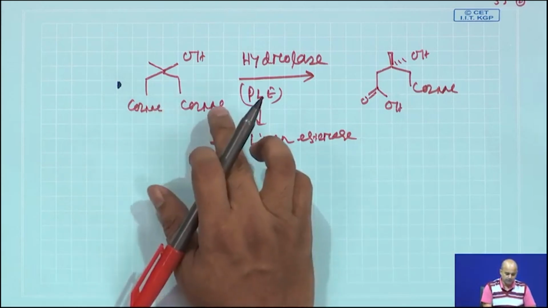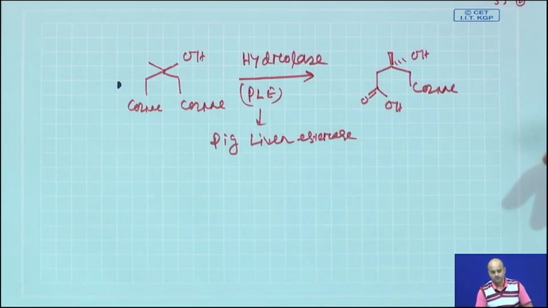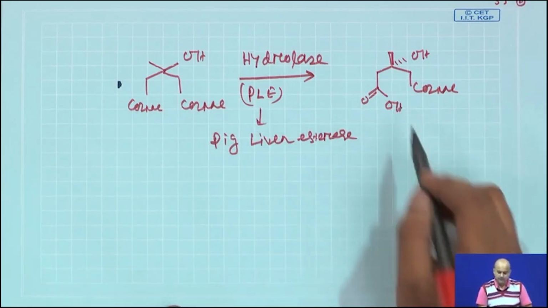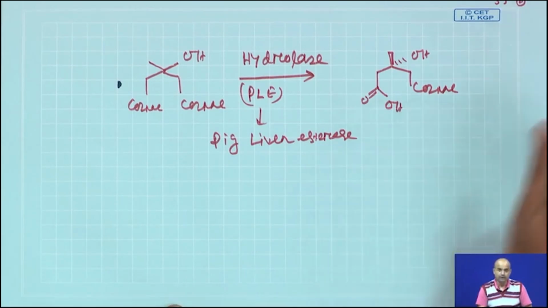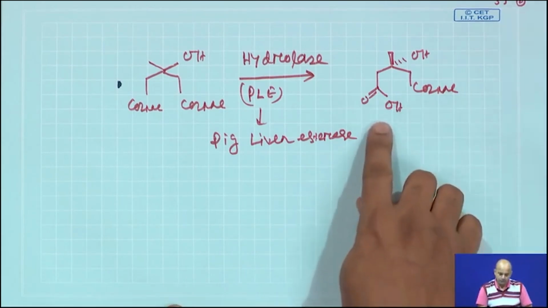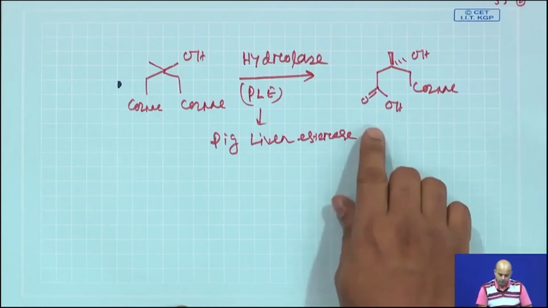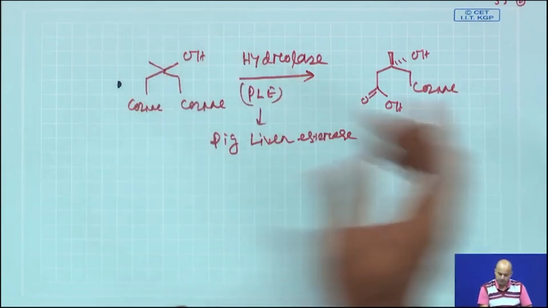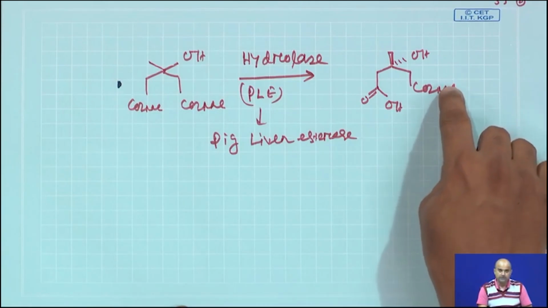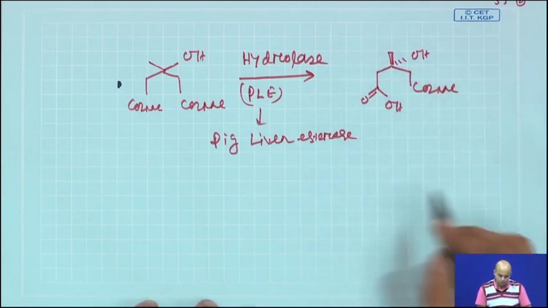If it hydrolyzed the other group, you would get the other enantiomer. Once you get this compound, you have to think about the divergence. The divergence can be created only by first doing the reaction here, keeping this part intact, to get one enantiomer, and then doing the reaction at the other site first. So now we will try to do it.